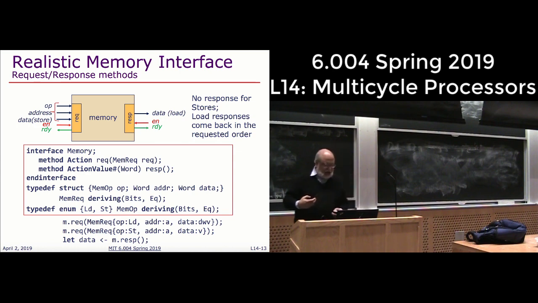I have to write some code like this: let data get from M request, M response. It's an action value thing. You're picking some value up from the memory. What that tells you is when you do a read from the memory, that value actually is not dequeued. That value doesn't disappear from the memory unless you take it. So you can take your time. There may be reasons why you can't pick it up, but only when you pick it up is when it disappears from the memory.